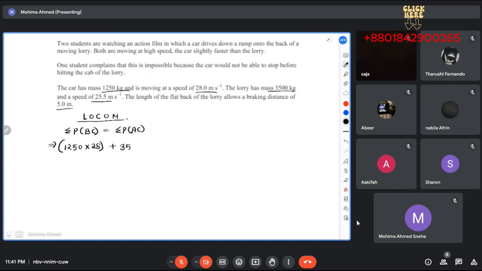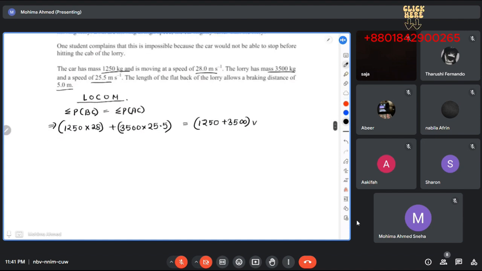Plus 3500 multiplied with 25.5, and after collision is 1250. This 3500 will actually move with a combined velocity, divided by the 1250 and 3500.